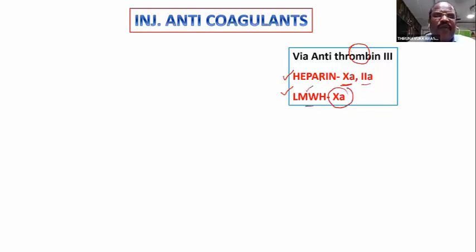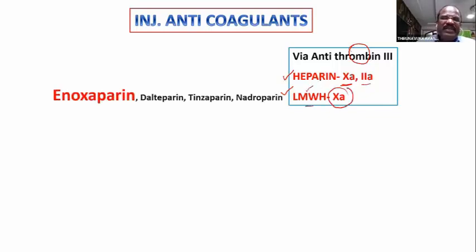An important point you should know: what are the examples of LMWH? All these are derivatives of heparin, so the name should end with parin, for example enoxaparin, dalteparin, tinzaparin, not heparin, because they are derivatives of heparin. Compared to heparin, LMWH is safer.